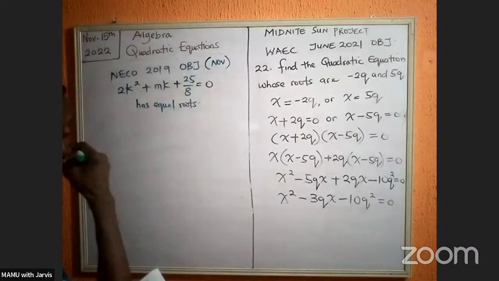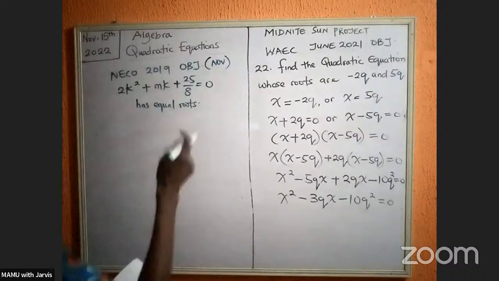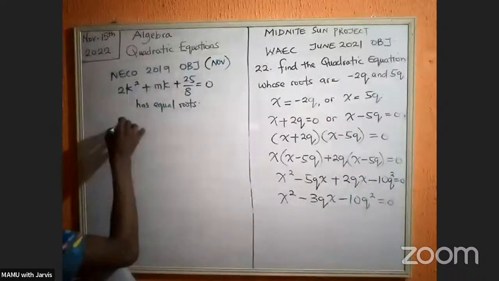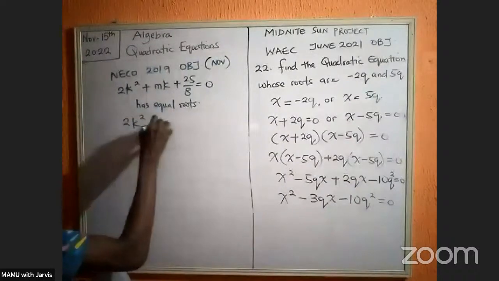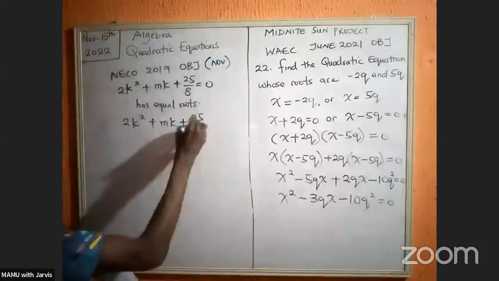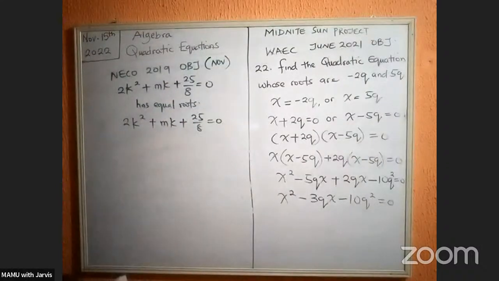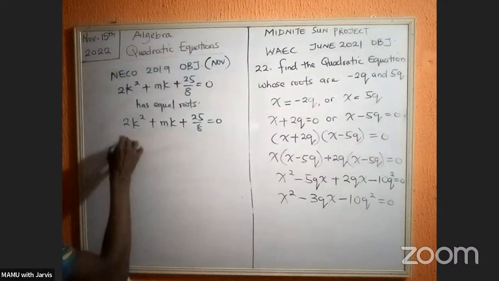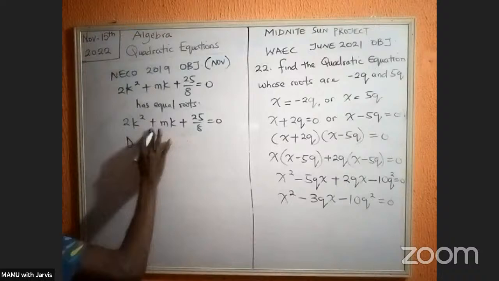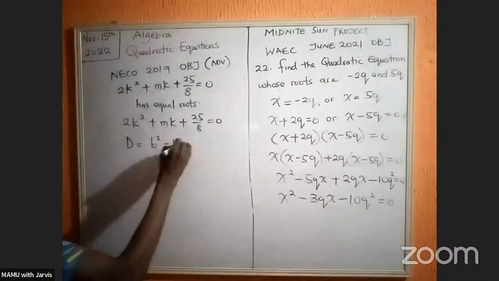There are different ways people can use to solve this, but let's try something somewhat simple. So I'll say 2k squared plus mk plus 25 over 8 is equal to 0. Some people will simply use D equal to what? B squared minus 4ac.